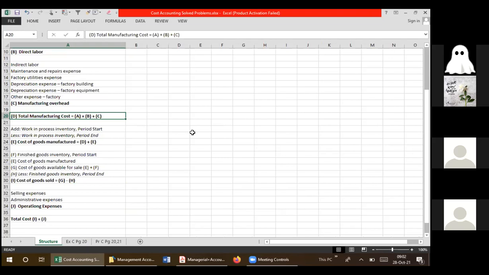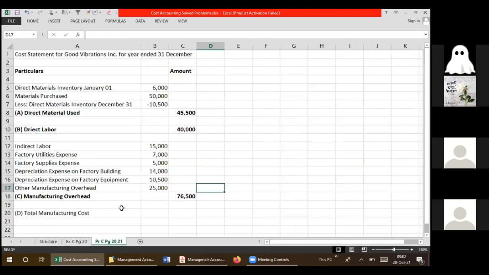Total manufacturing cost, A plus B plus C. Okay, A plus B plus C is 162,000.